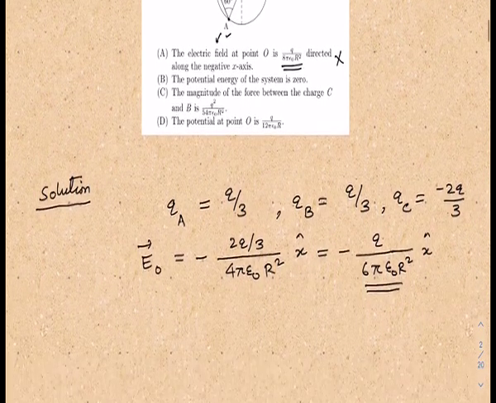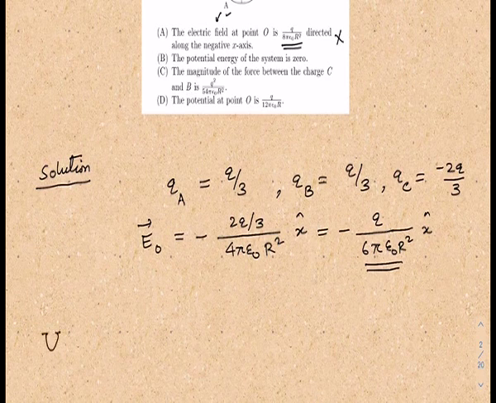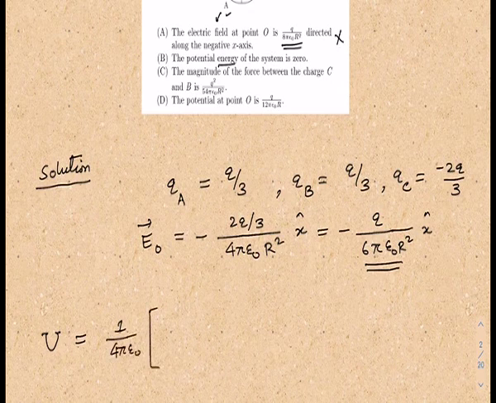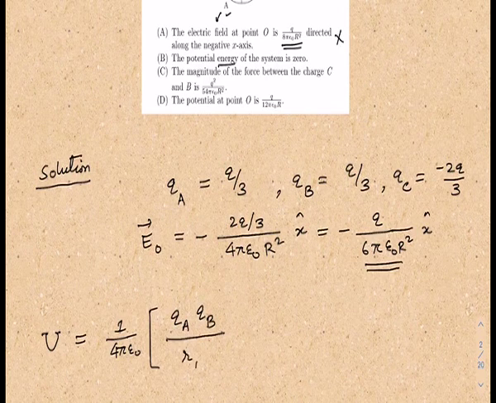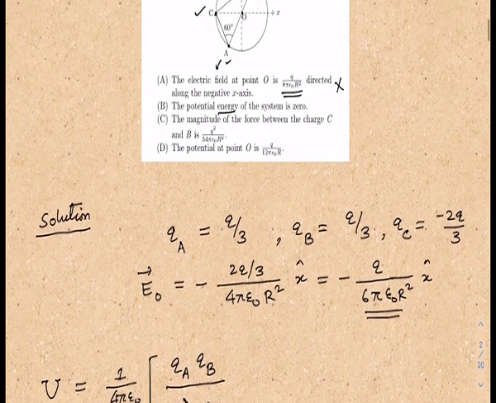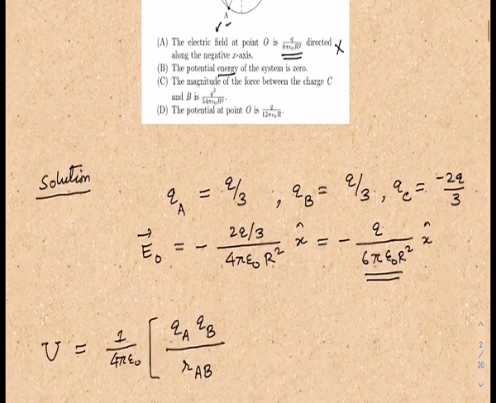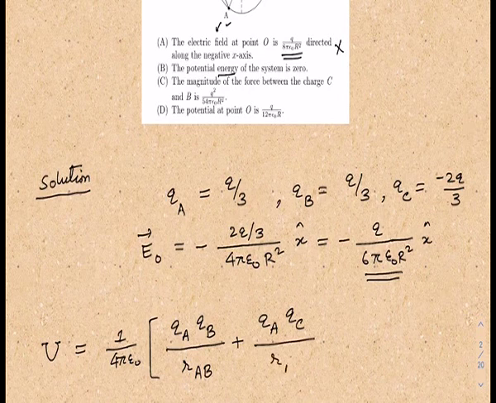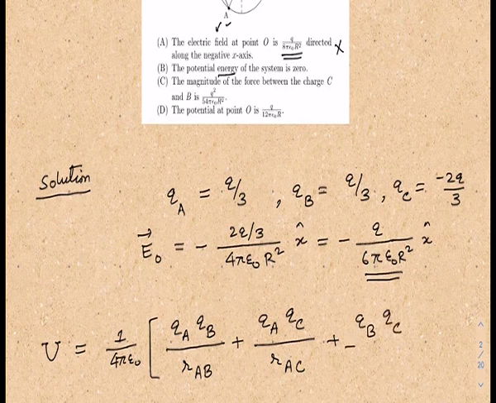Now coming to the potential energy of the system. Potential energy of the system, let me denote it by U. It would be 1 by 4 pi epsilon 0, and I have to consider this charge combination: QA QB by RAB, where I denote the distance between A and B as RAB, and similarly QA QC divided by RAC, plus QB QC divided by RBC.